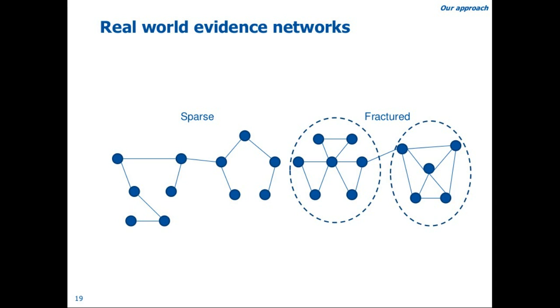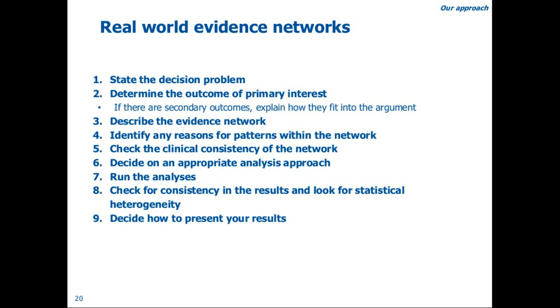So, given all of that, our guidance is to state the decision problem, which is very easy if you're doing something like a submission to NICE in the UK, because they tell you the decision problem. Then determine the outcome of primary interest, and if there are secondary outcomes, explain how they fit into the argument, because ideally you'd include secondary and primary outcomes in one statistical model.